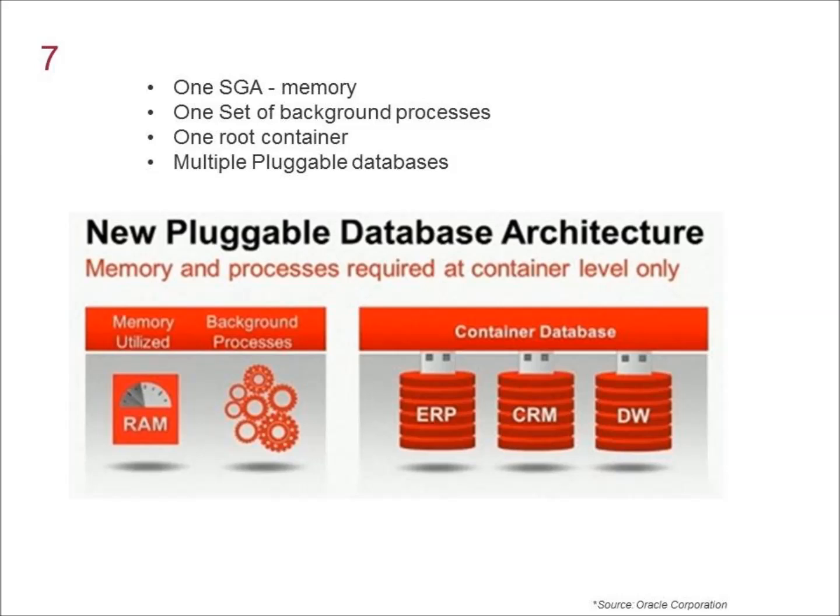All you have to do is patch and upgrade the container database, and in essence all the pluggable databases will be patched and upgraded. So you do not need to do it individually or separately.